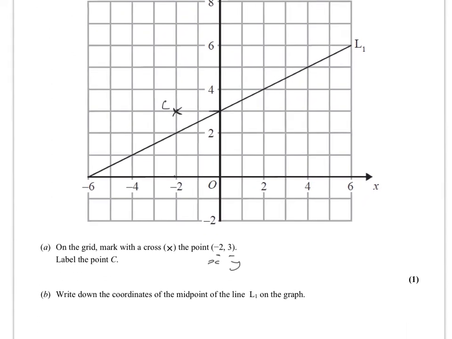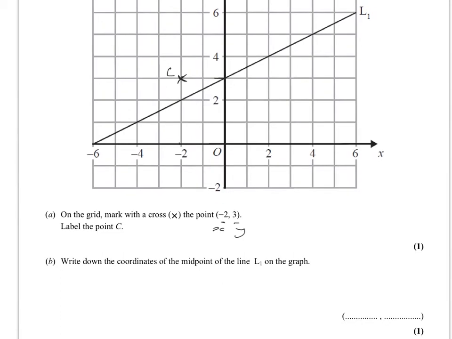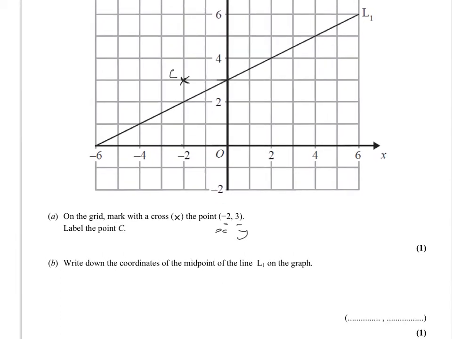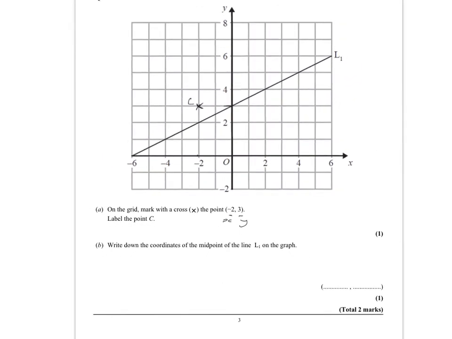The second part of the question asks us to write down the coordinates of the midpoint of the line L1 on the graph. So here's our line L1. It starts down here and goes up there. The middle point is here.